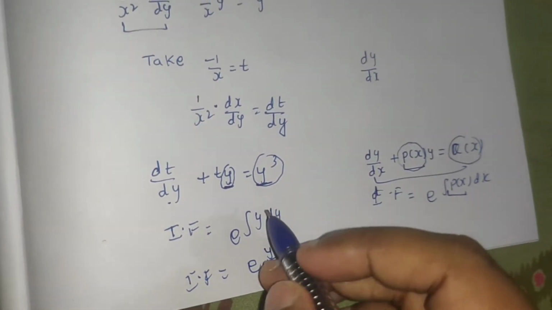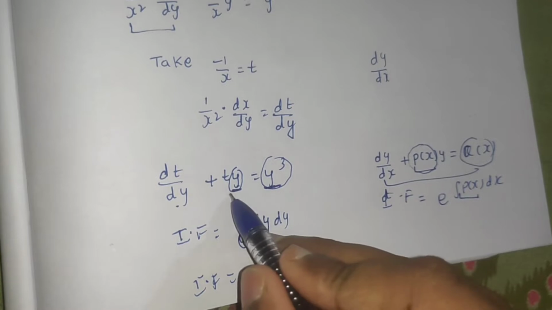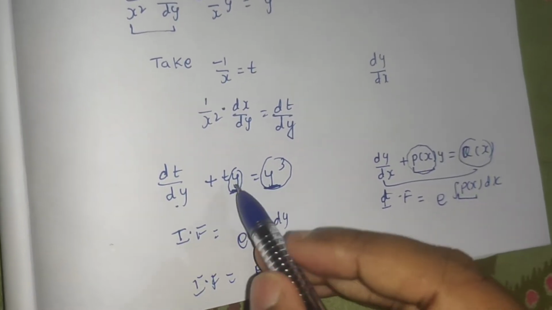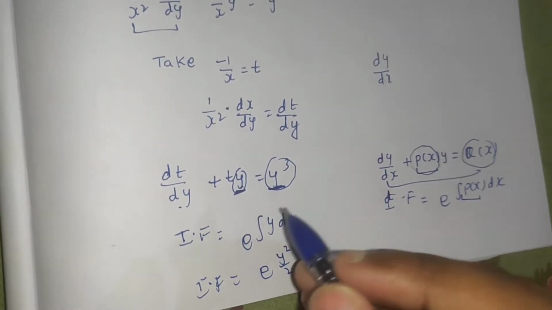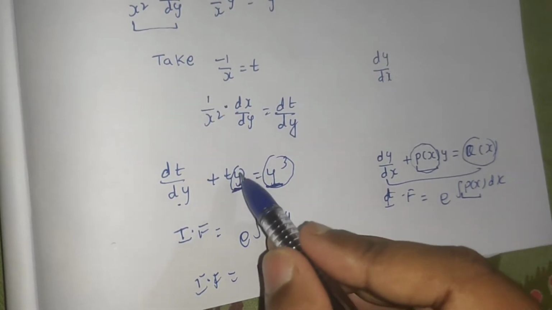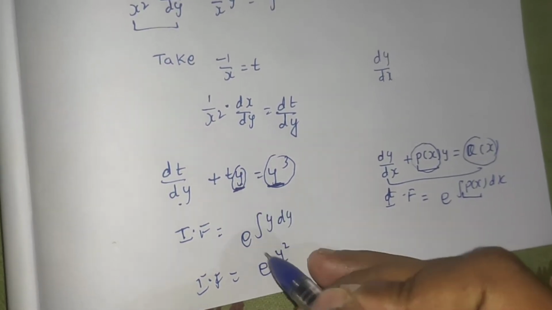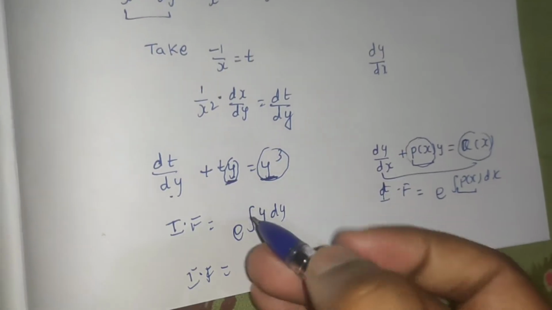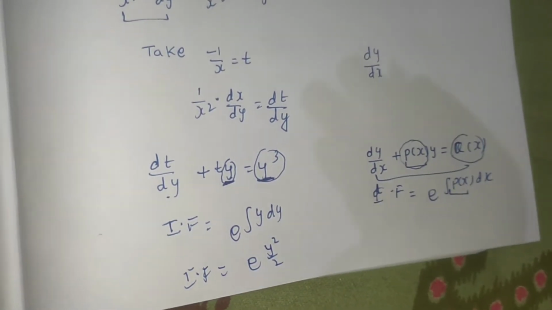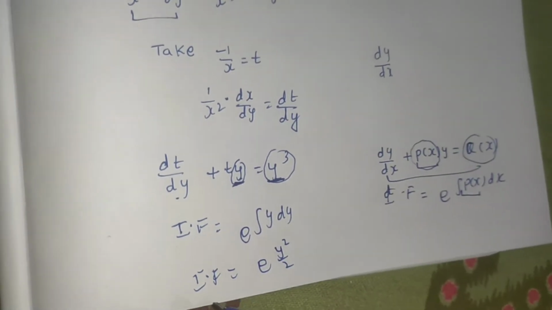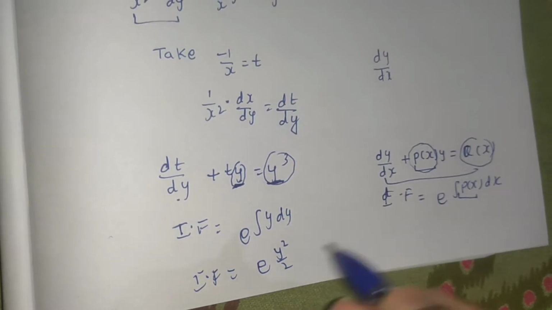Clear thing, do not get confused. Whatever function is there in both the sides, take that function and e power that function. Whatever variable is there, integrate with respect to that. So the integrating factor we are getting is e power y square by 2.